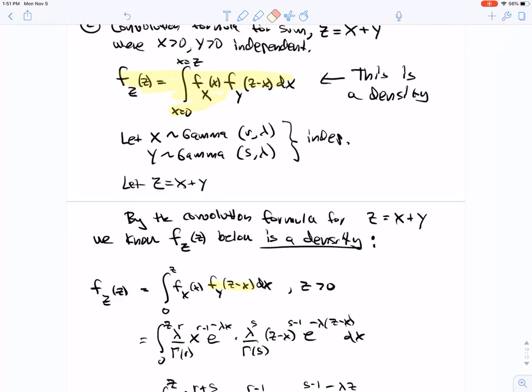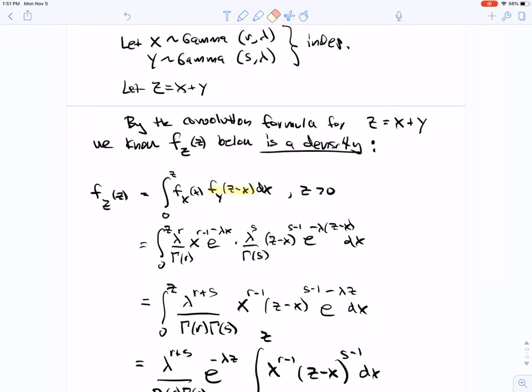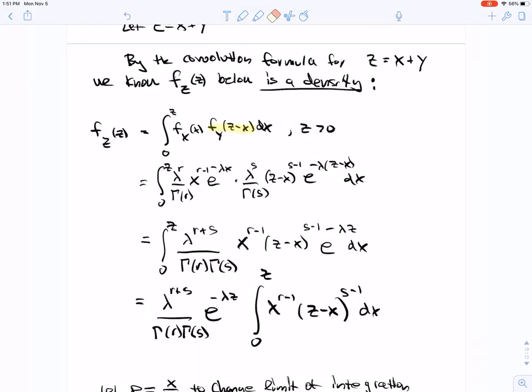We have x and y be independent gammas with the same lambda, and I write out the convolution formula for z. What the convolution formula does for me is assure me that f of z is a density. So the thing on the left is a density, and just follow each step.